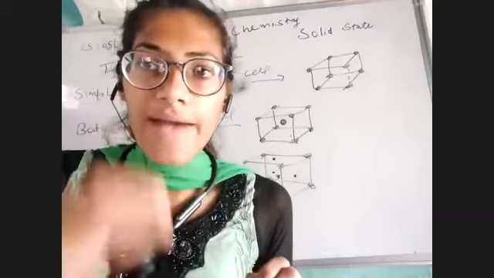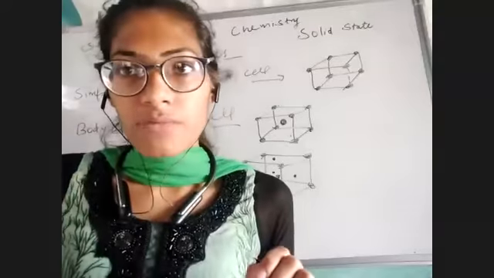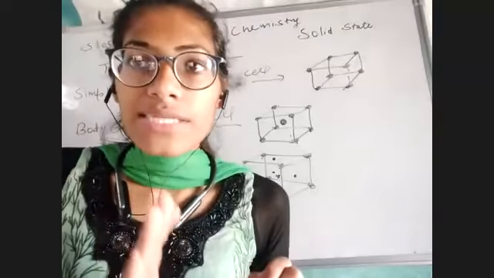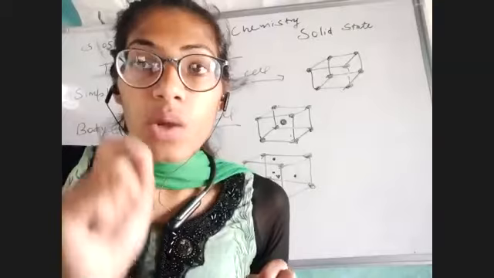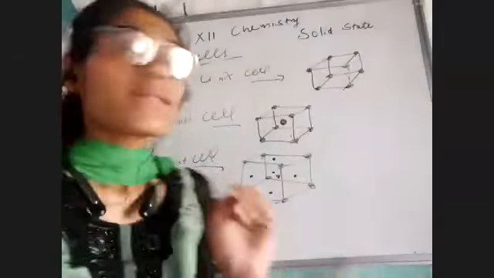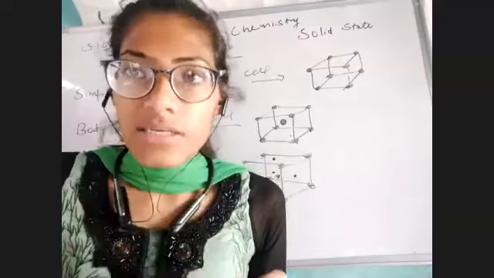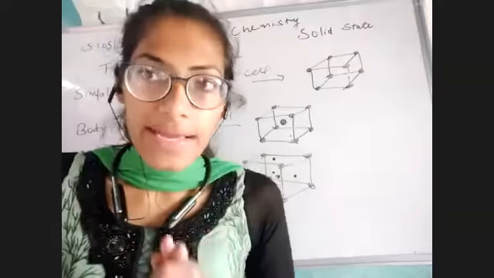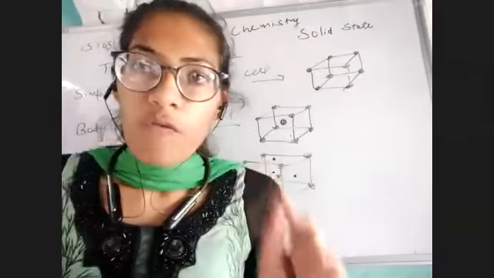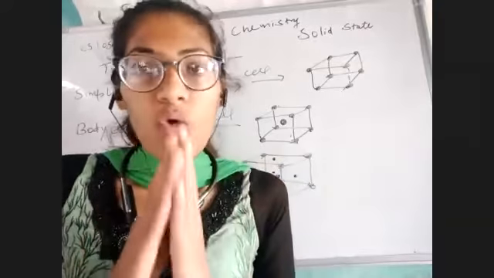All the solids have different types of structures, so their unit cells must have different structures. In the unit cell, the atoms are not only present at the corners like this; they are at the corners as well as the center of the unit cell. It could be the center of the body, or the center of any face of the unit cell.